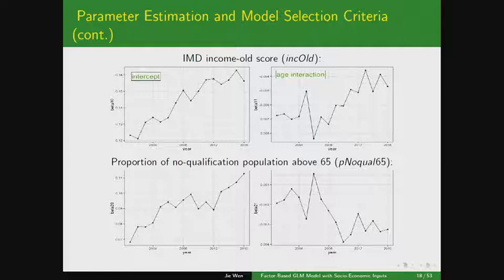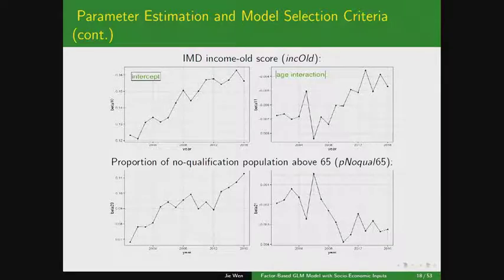After the national level kappas, here might be more of interest. Here are the coefficients of the LSOA level mortality term. The left-hand side is the intercept, which is beta 0, and the right-hand side is the age interaction term, the one multiplied with x minus x bar. I have plotted the beta intercept and age interaction for all of the 4 predictors here. If we look at the income old score first, we can see the intercept has a very clear increasing pattern over time.